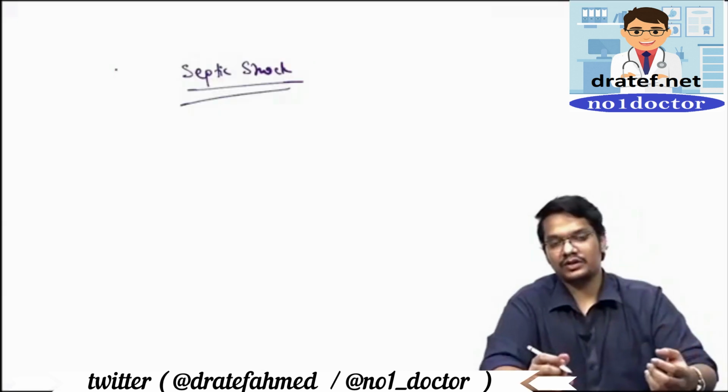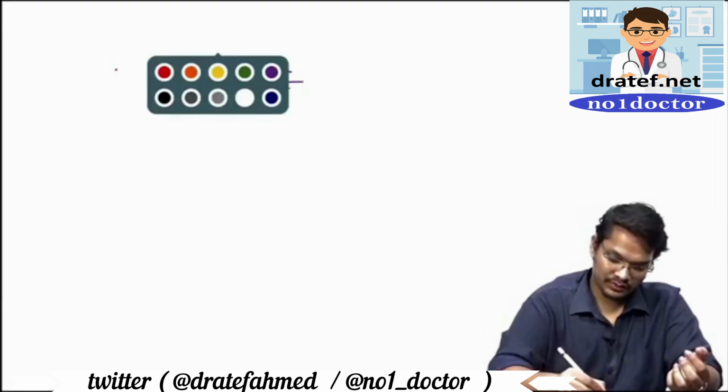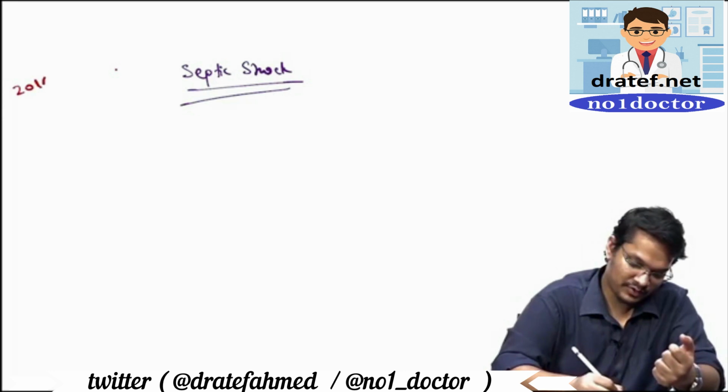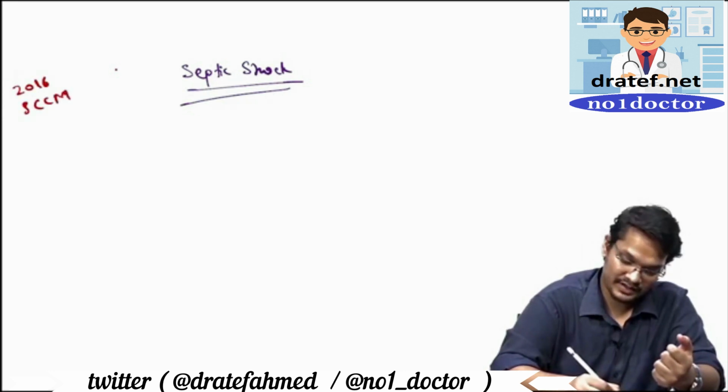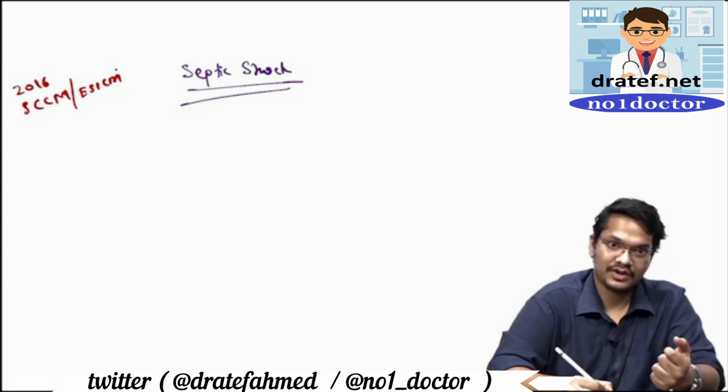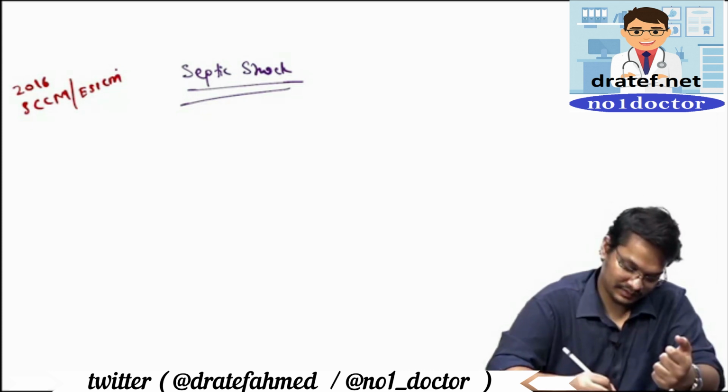Now, what I'm going to tell you about septic shock is essentially taken from the 2016 Society of Critical Care Medicine (SCCM) and European Society of Intensive Care Medicine (ESICM) guidelines.